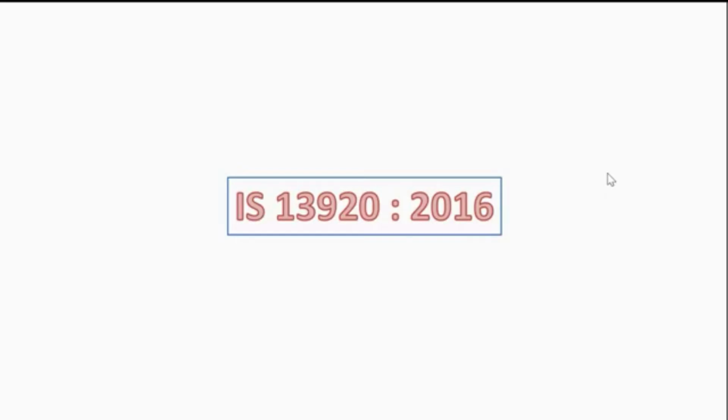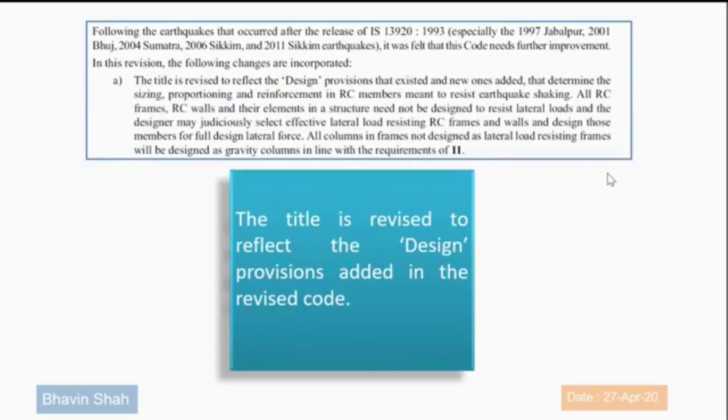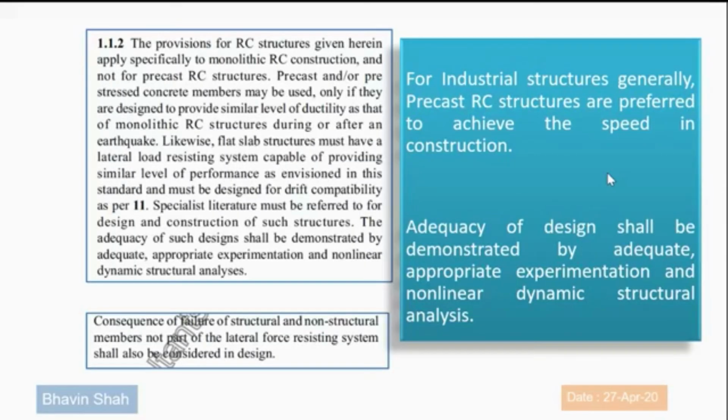Okay, so now we are coming to IS 13920 2016. Again, our focus is on industrial structures, and I will try to highlight a few important clauses from that perspective. We all know that in 13920 2016, geometric constraints are imposed on the cross section of flexural members, and the title is now revised to reflect the design provisions added in the revised code. For industrial structures, precast RC structure was generally one of the preferred options to achieve speed in construction.